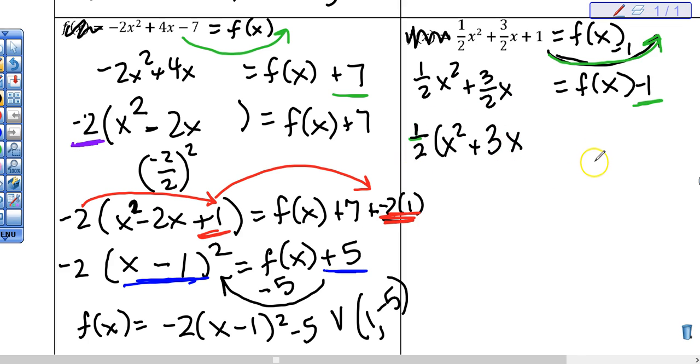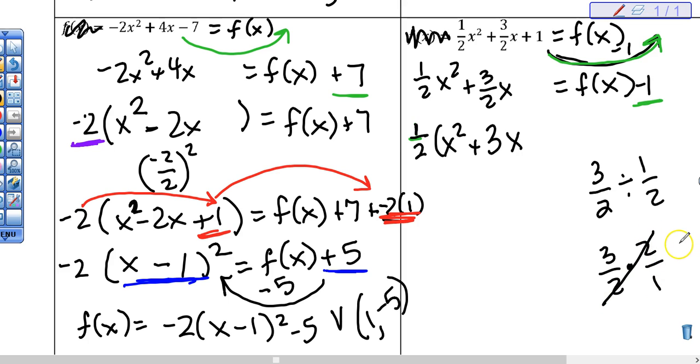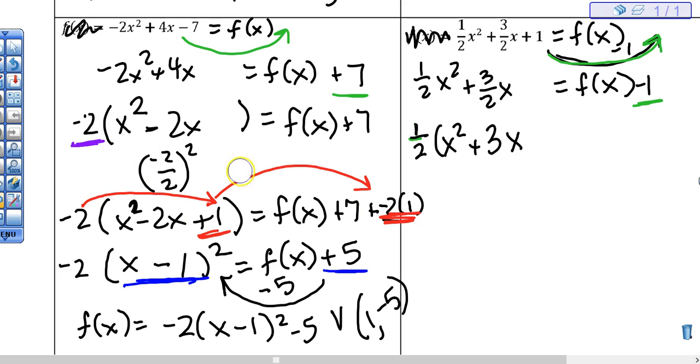If you need to see it real quick, just do 3/2 divided by 1/2. So keep change flip, 3/2 times 2/1. That's 3. Just go off to the side and do it real quick. It's not going to kill you to take a little time to do that. All right, and we're leaving that space open so that we can complete the square equals f of x minus 1. Grab my purple pen so that I can indicate that that is my factoring out my a term.